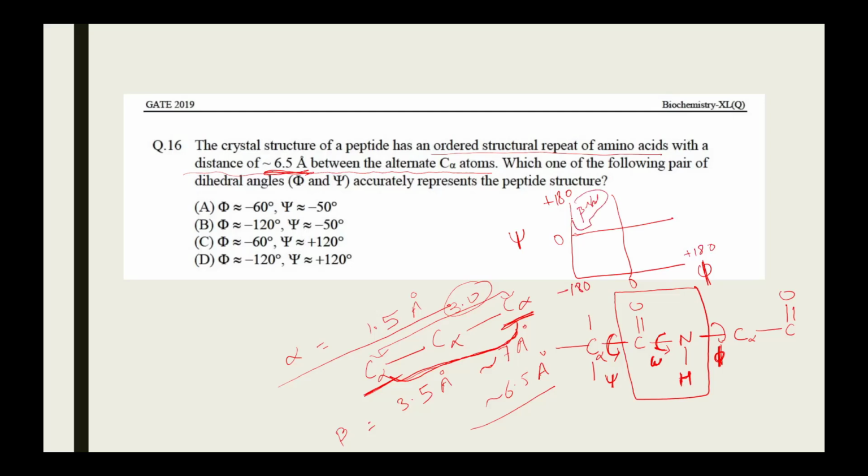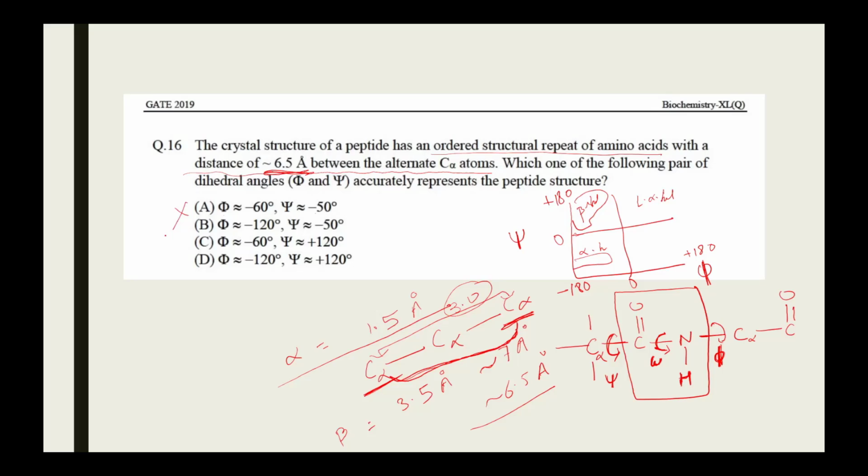Here the right-handed alpha helix, here the left-handed alpha helix. The first option is phi and psi both negative. Phi minus 60 means near here, and psi also minus 60, that means here in this quadrant, which is not at all allowed for any structure.